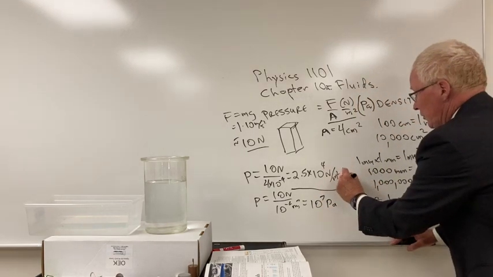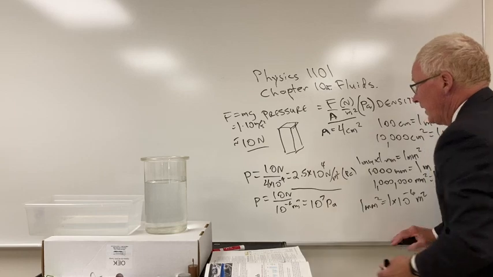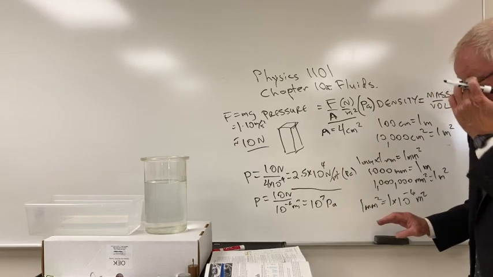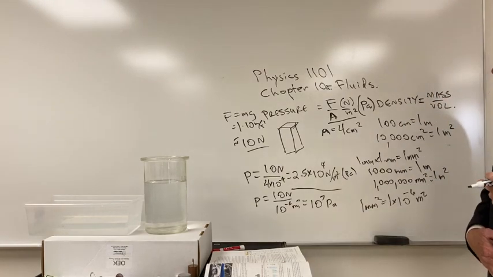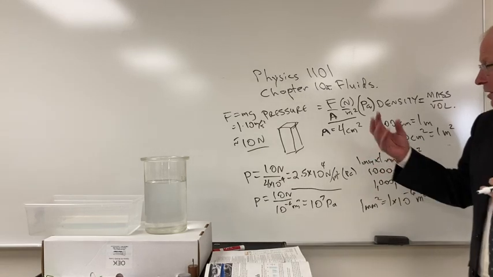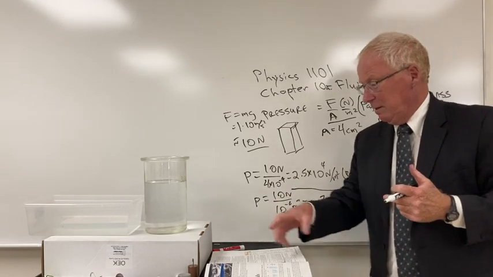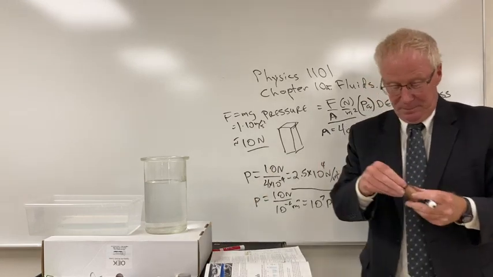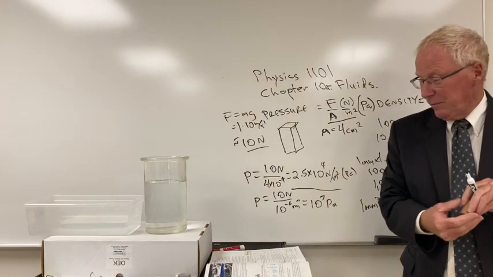That's a very high pressure, all right? That's a very high pressure as far as that's concerned. So we're introducing this concept of pressure, and it's force divided by a certain area, all right? So that's the first thing here.